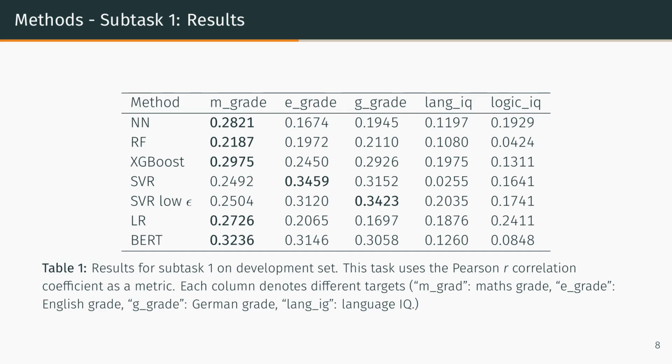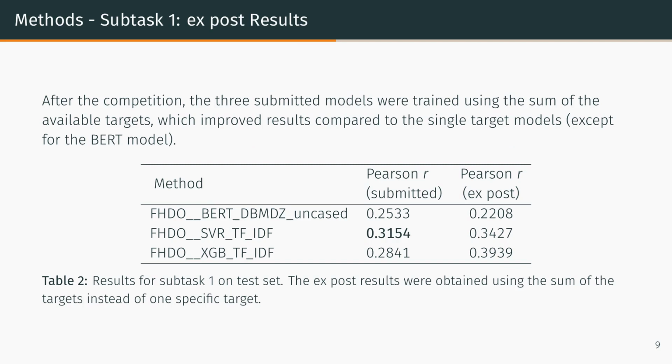We always used just one of them. But after the competition ended, the 3 submitted models we used were re-evaluated using the sum of all available targets. And this improved the results a lot, as you can see in the right column.